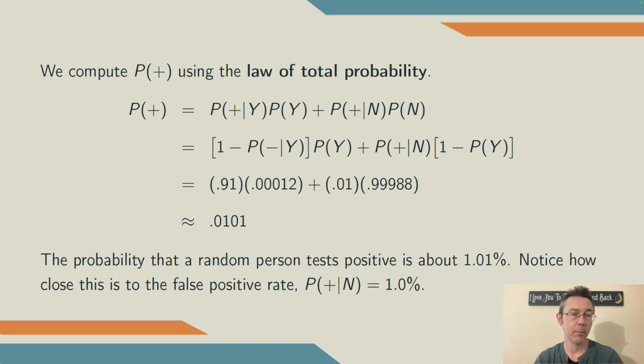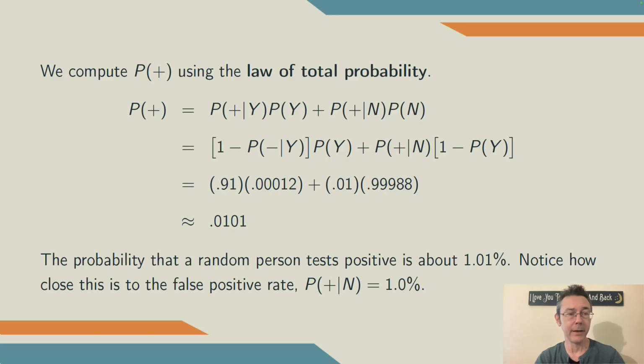We compute the probability of testing positive using the law of total probability. Basically, we break up the event that you test positive into two situations: you test positive when you do have it, and you test positive when you don't have it. Each of those probabilities can be computed using the multiplication rule.